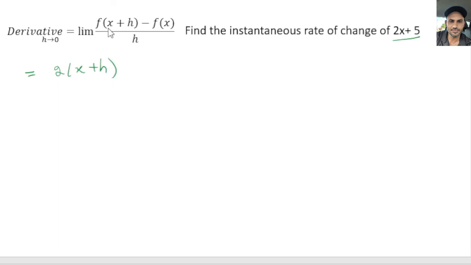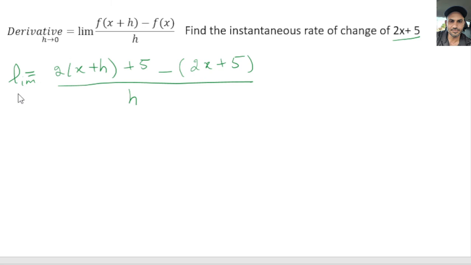I substituted x plus h for x because we are evaluating the expression at x plus h. For f of x, it stays the same: in parentheses, 2x plus 5, divided by h, and of course the limit as h goes to 0 of this ratio. That defines the derivative of this function.